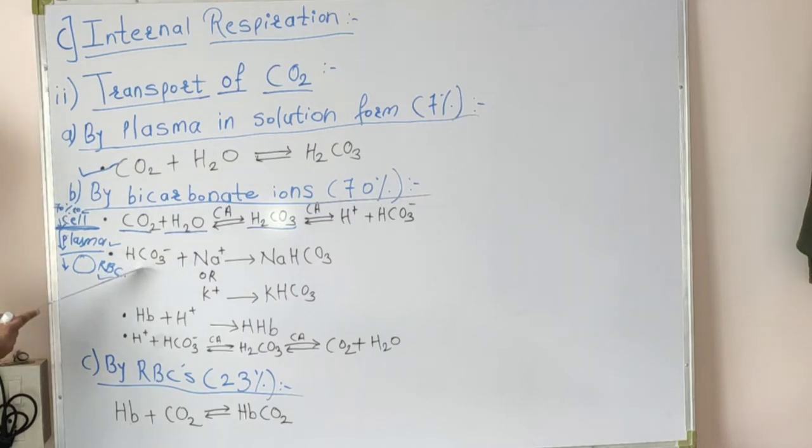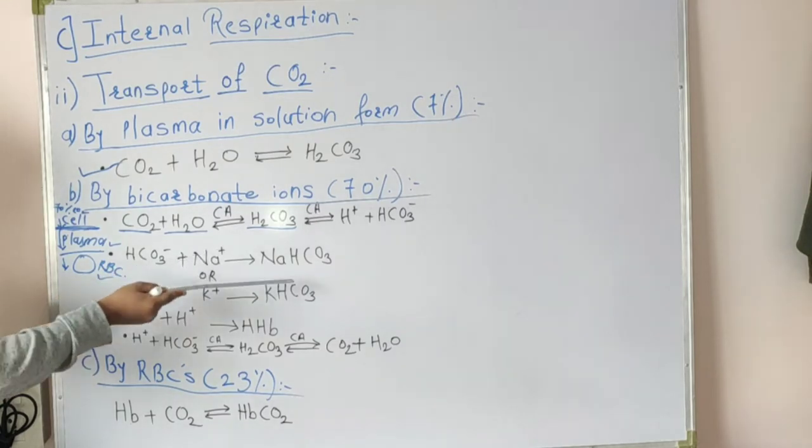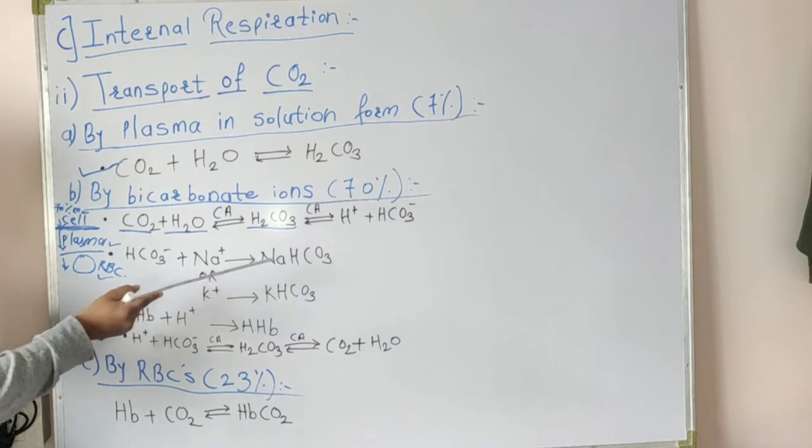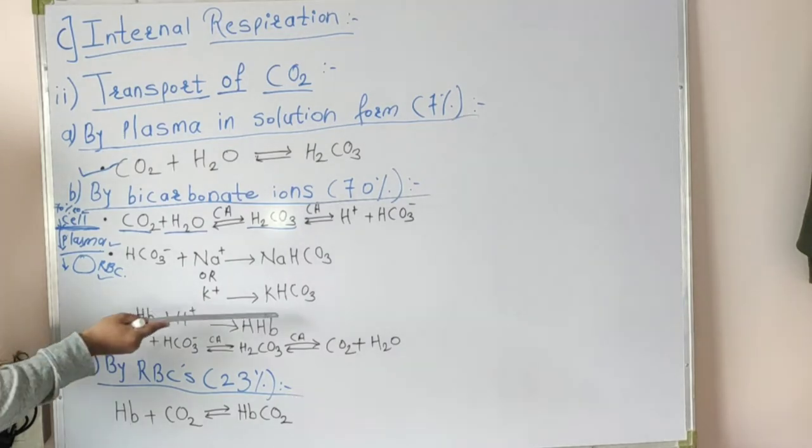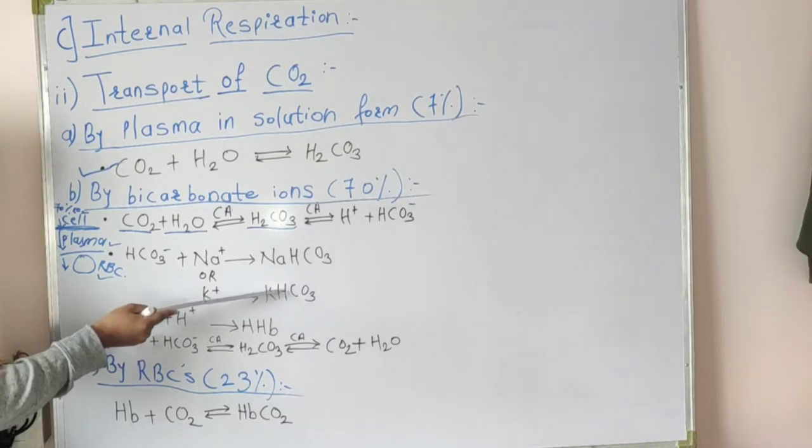We already know this HCO3 moves out from the RBC and comes into the plasma. When it comes into the plasma, it binds to the sodium ion or potassium ion. When it binds to sodium, it forms sodium bicarbonate, or if it binds to potassium, it forms potassium bicarbonate.